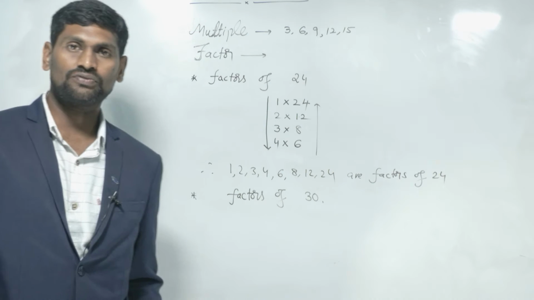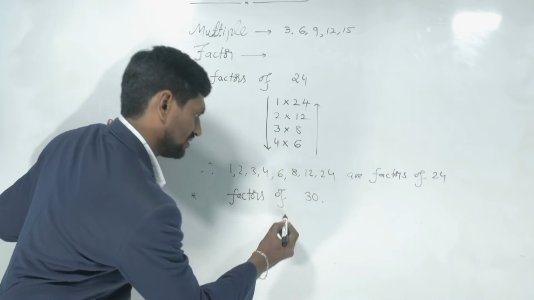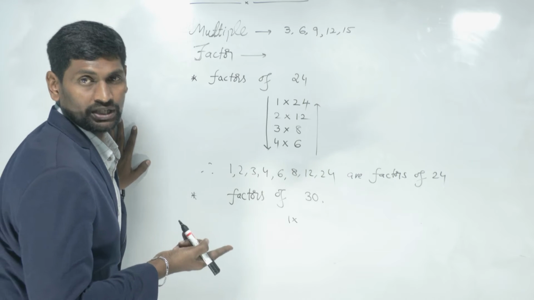Find the factors of 30. Yeah, table wise. Every number will come in one table.